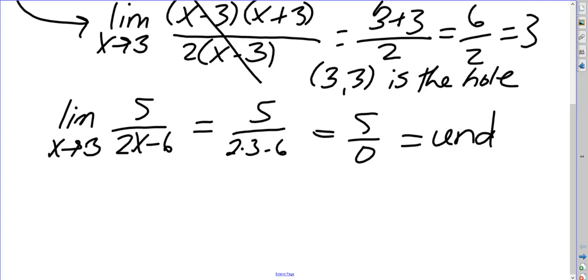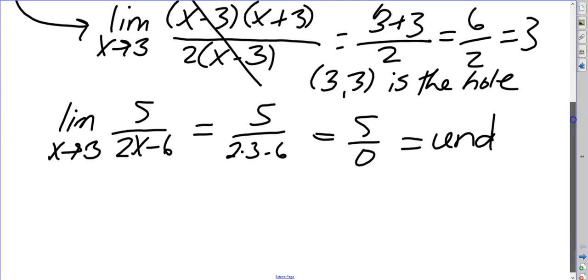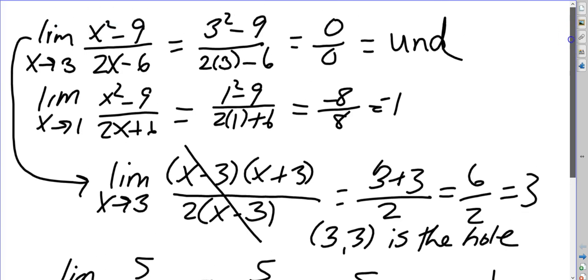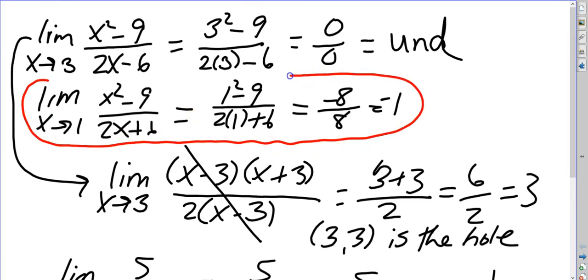Okay, so those are the three situations that can happen when you substitute a particular number into a function and try to find the limit. Either you substitute a particular number in and you get a particular number out, and then you found your limit.